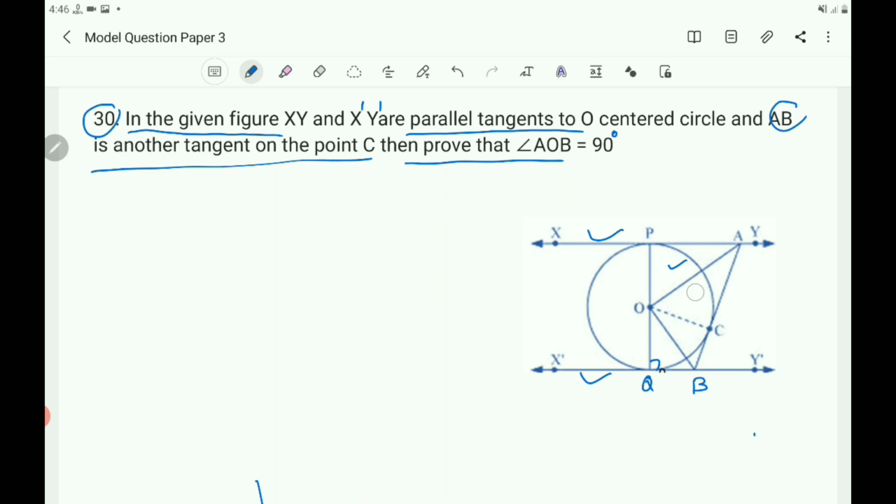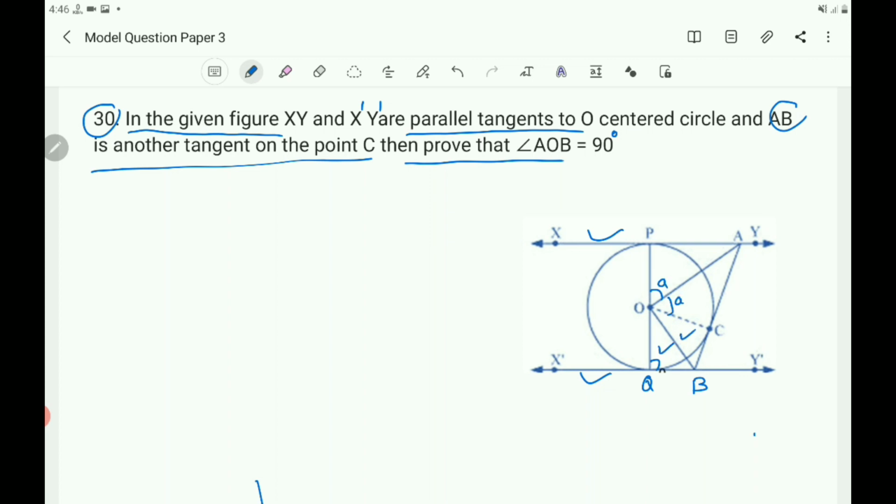How they are congruent? Because these two are equal, they are the tangents from the external point, and these two are equal, they are the radii of the same circle, and OA is common. According to SSS congruence rule, you can say that these two triangles are congruent. Therefore, according to CPCT, you can say that these two angles are equal. So if you take, they are A and A.